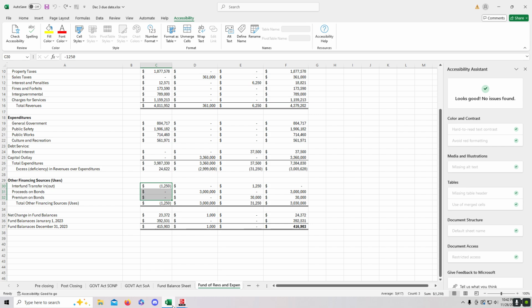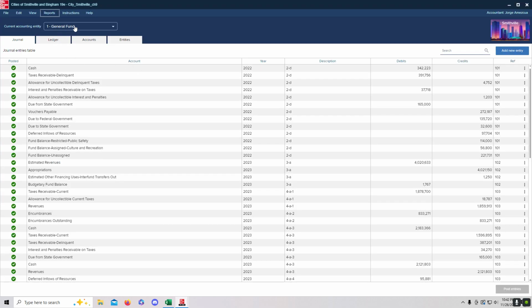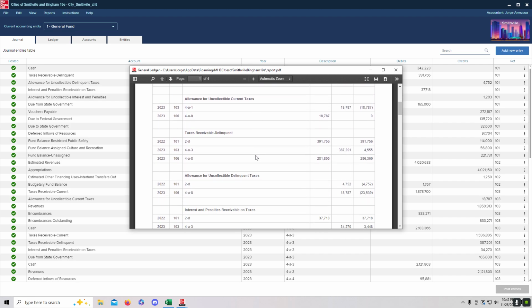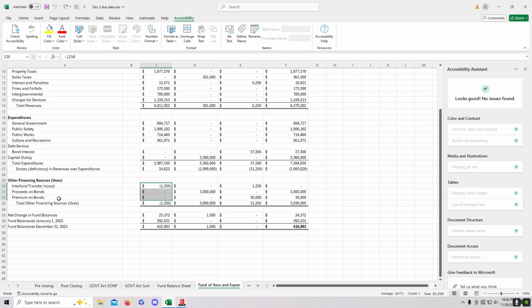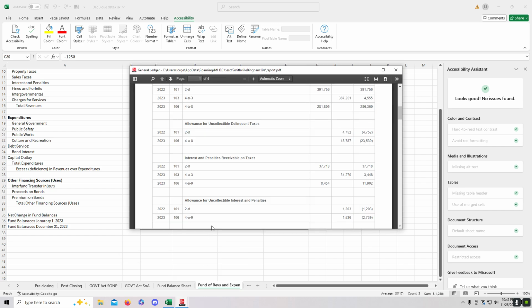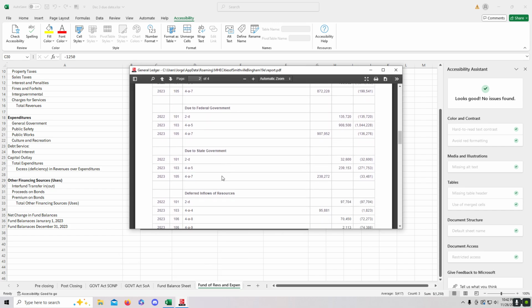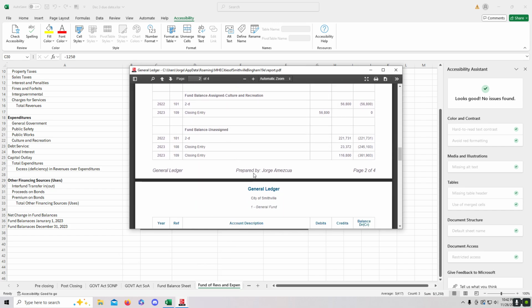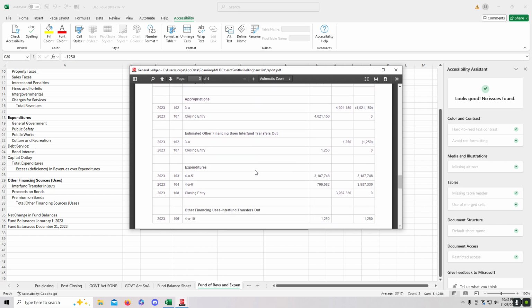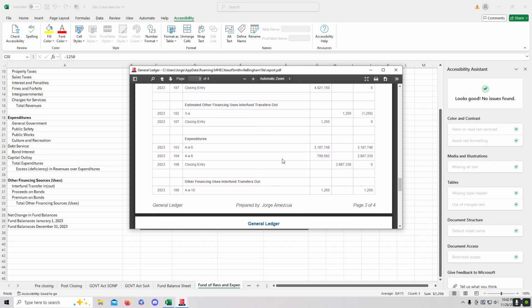These numbers were gotten from the general fund general ledger. I believe specifically from down here somewhere. From down here.